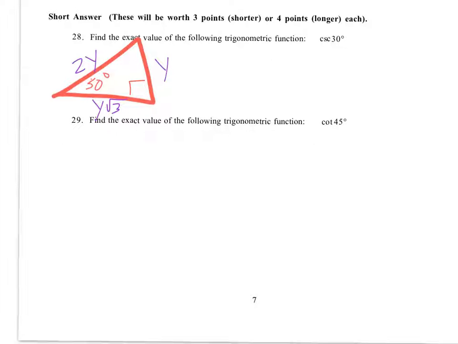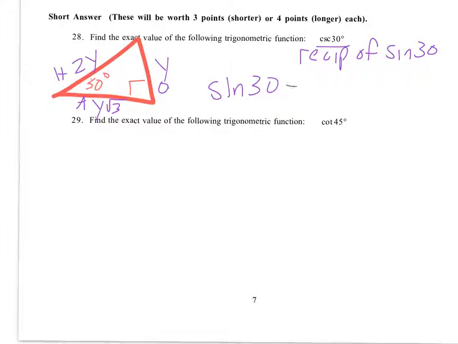I know that cosecant is the reciprocal of sine. So one way to do this is to find sine of 30, opposite over hypotenuse. That's y over 2y, which is the same as 1 over 2 because the y's cancel out. That means cosecant of 30 would be 2 over 1, or 2.